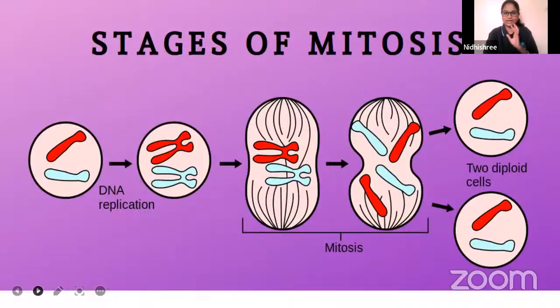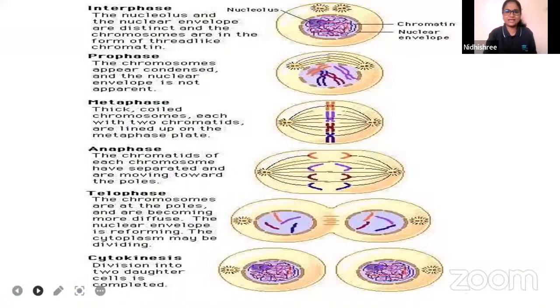These are the stages of mitosis. The first one is DNA replication, then prophase, then metaphase, where all the chromosomes align in the equatorial plane. In anaphase they move towards the polar region. In telophase they come to the pole region. So this is the interphase we are talking about.